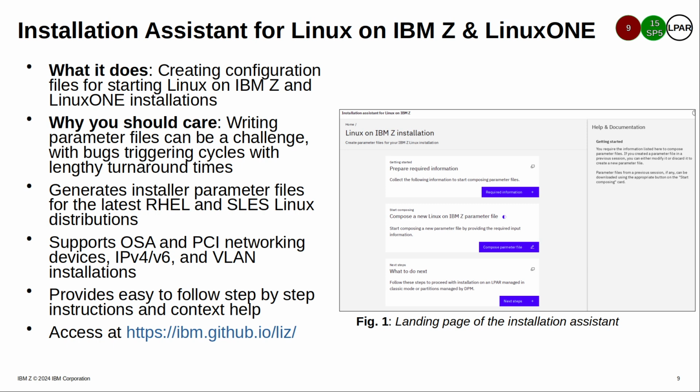Now you can save yourself a lot of trouble and effort if you use our new Linux on IBM Z installation assistant here. It's available at GitHub, so you can just navigate through a browser to it. You click yourself through a very simple dialog, a couple of web pages, and at the end you are rewarded with a simple parameter file, which does exactly what you need and is guaranteed to have a valid syntax and run well.